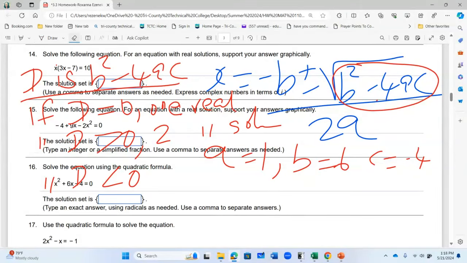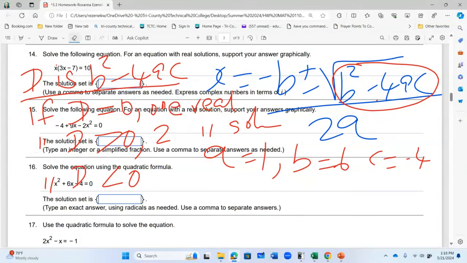These two negative signs change the sign, and 6 squared is 36, 4 times 4 is 16. So the radicand is giving me a positive sign. My answer is 52. Therefore, the discriminant is 52, greater than 0, so I have two real solutions.